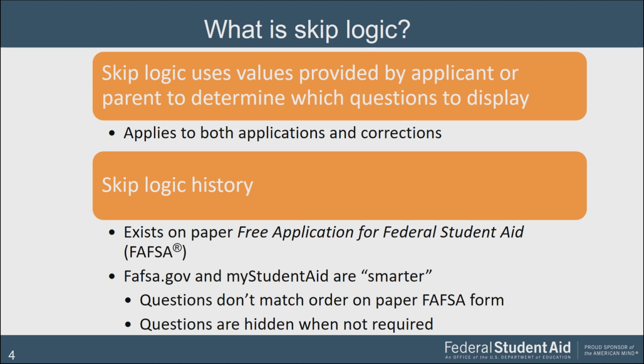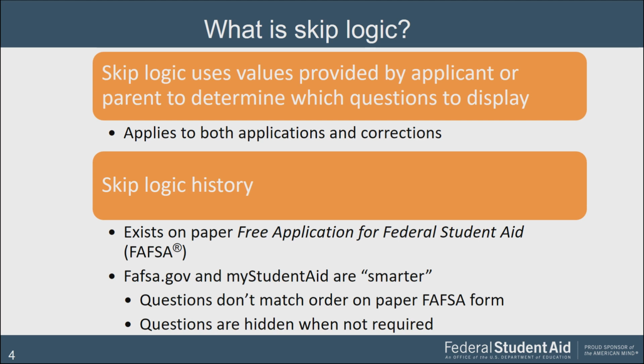We do this because it allows us to make decisions early on so that we can send the student or the parent down the path of the fewest questions that they need to give us. We'll talk about that skip logic. There's some pretty easy skip logic, and then when you get to auto zero and simplified needs, a little bit more complex skip logic that we use in the form.